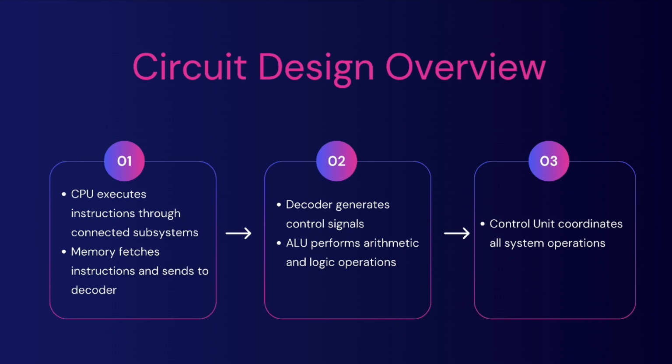Registers are used to temporarily store data during processing. Finally, the control unit coordinates all system operations, ensuring that data flows correctly and instructions are executed efficiently.